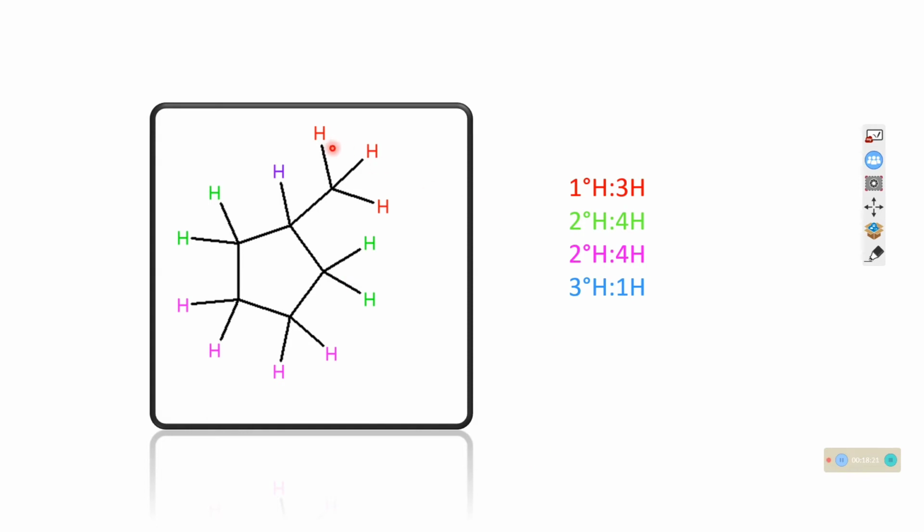It will also see there are three hydrogens that are 1 degree, and it will abstract this 1 degree hydrogen also before that 3 degree hydrogen. So there is a chance, the statistical probability for abstraction of hydrogen is more for this 2 degree hydrogen.